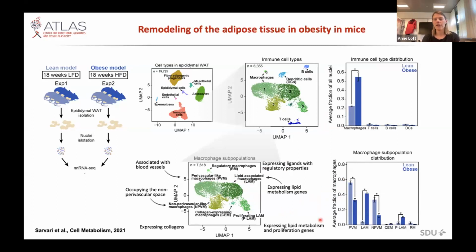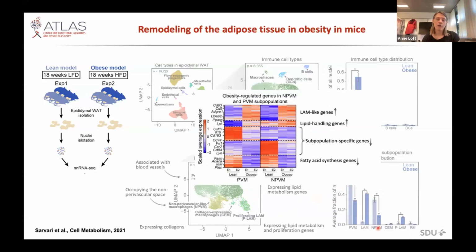And here we saw that these perivascular adipose tissue resident macrophages actually decreased in fraction, whereas these lipid-associated macrophages really increased in response to diet-induced obesity.